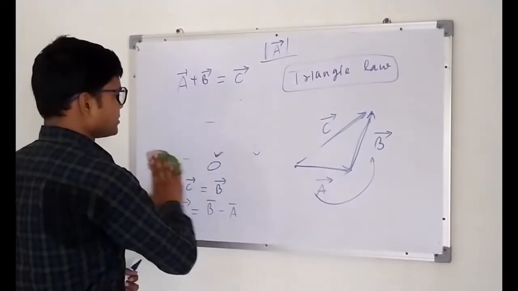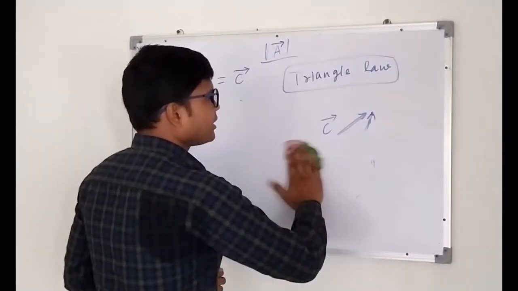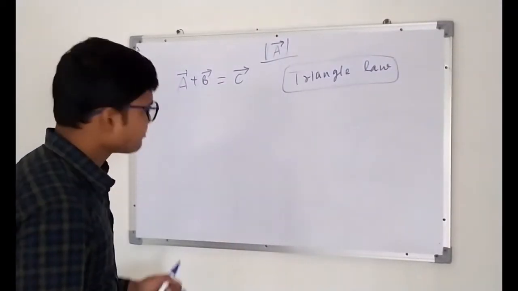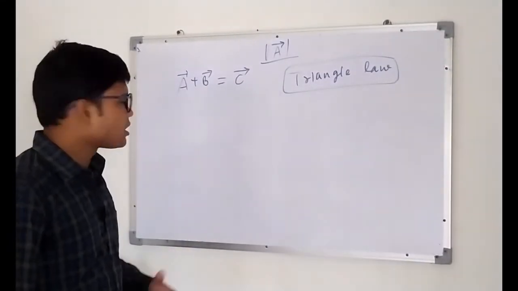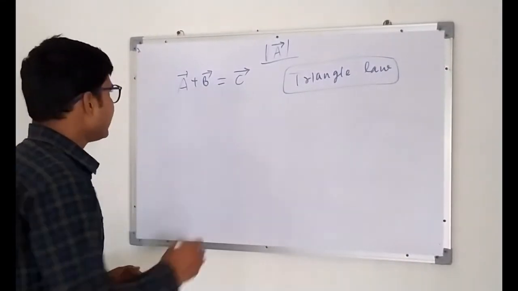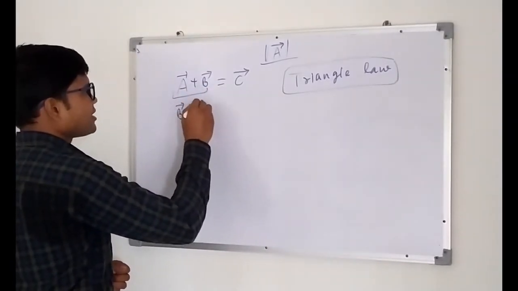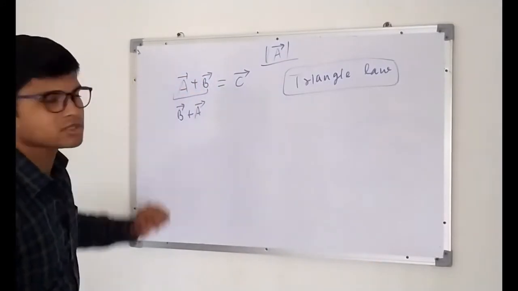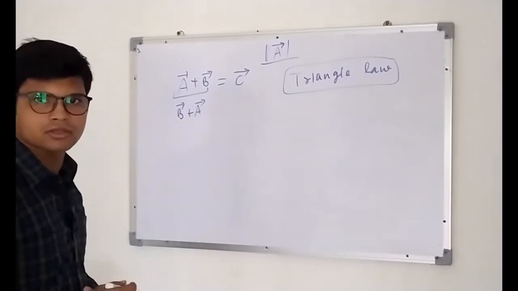Let's dig a little deeper into this addition, because we are adding two vectors and it gives another resultant vector. Now what if I change the order, b vector plus a vector? The order was a vector added towards b; now b vector is added towards a.